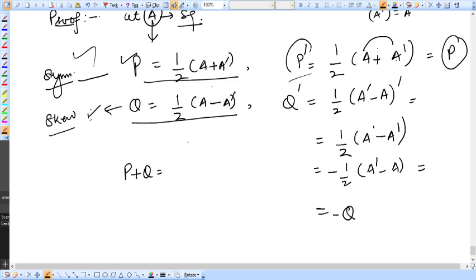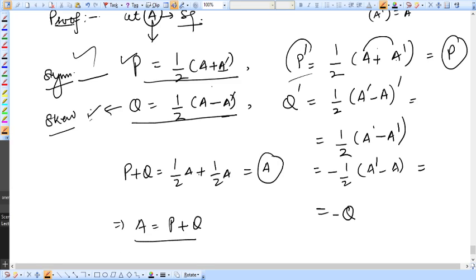Now if you add this, you will be getting half A plus half A, and A prime gets cancelled. So it is equal to A, thus A is equal to P plus Q. Thus we are successful in expressing A as the sum of two matrices P and Q, where P is the symmetric matrix and Q is the skew symmetric matrix.